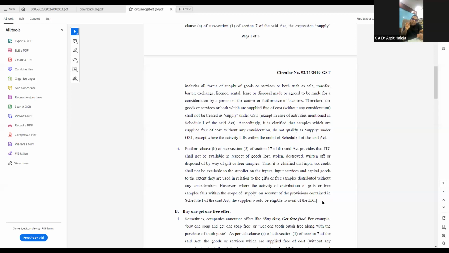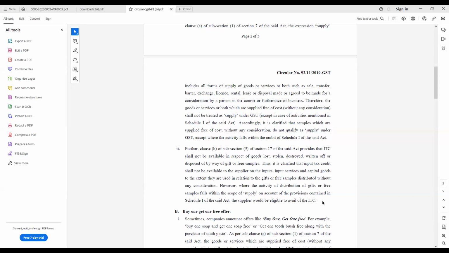In my opinion, Schedule 1, Para 1 clearly says that once the ITC has been availed and then the business assets are disposed of or permanently transferred, then it would be a supply without consideration falling within the ambit of Schedule 1. So what's your takeaway? We have to go with Schedule 1 or we have to go with 17(5)(h)?